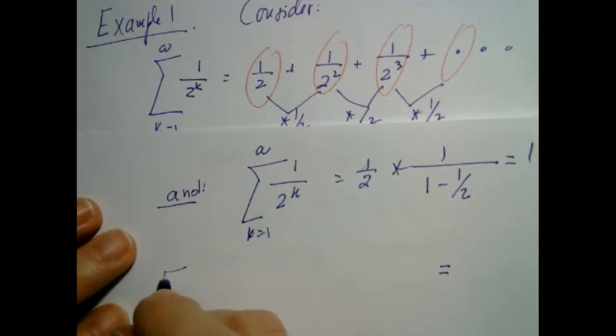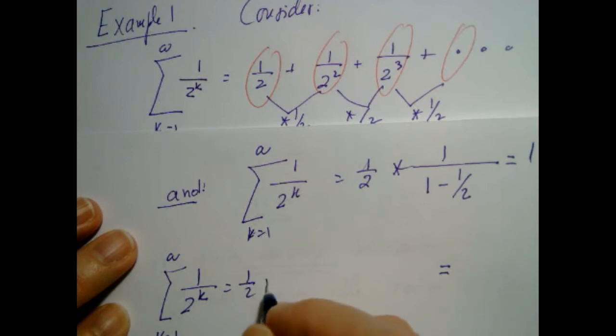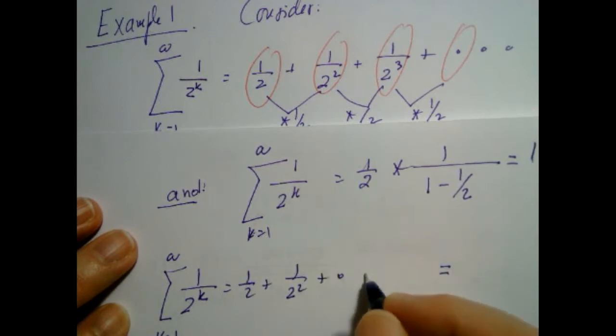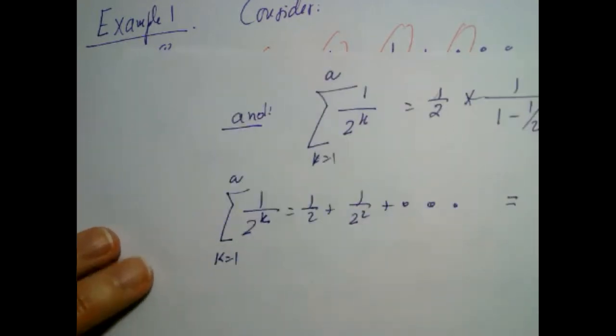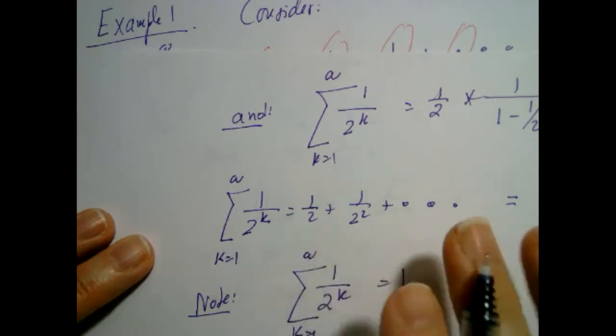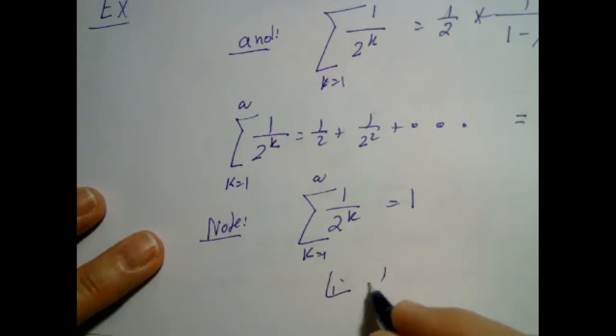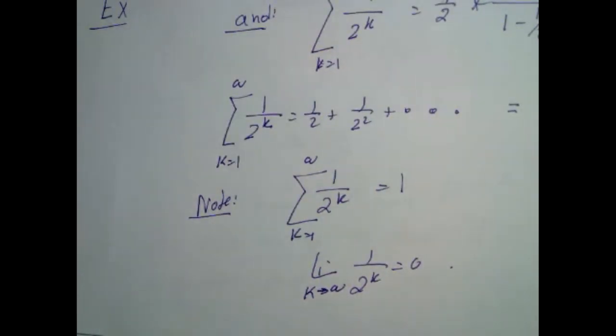So in this case, sigma, which is a half plus 1 over 2 squared plus and so on, is equal to 1. Let us note very carefully: the sum is 1, when we add them, we get 1. Do not confuse the sum with the terms. And the terms themselves go to 0. Okay, so that's the first example.